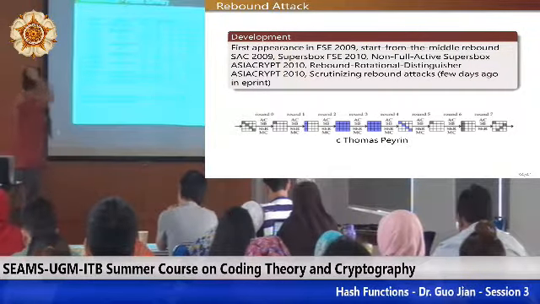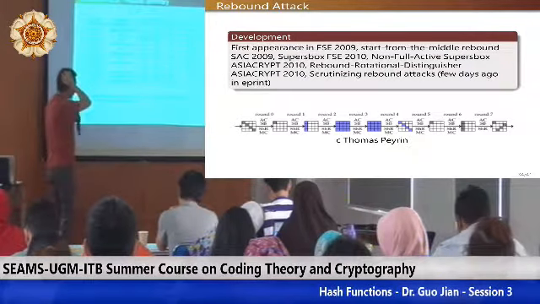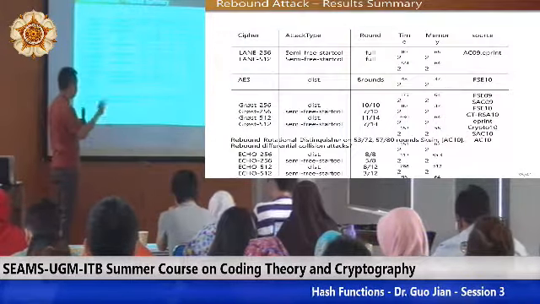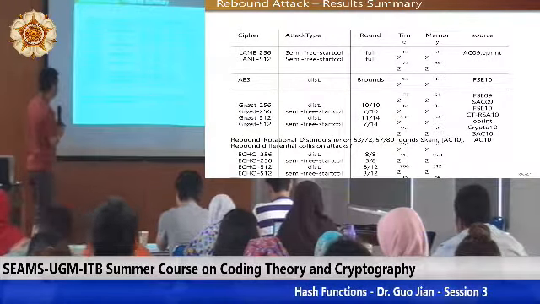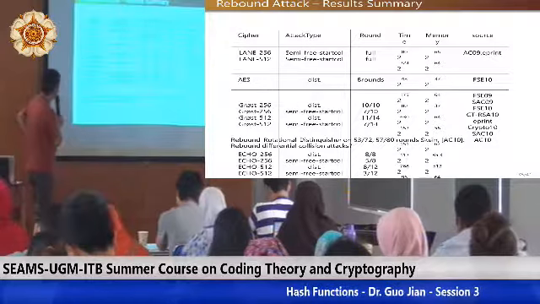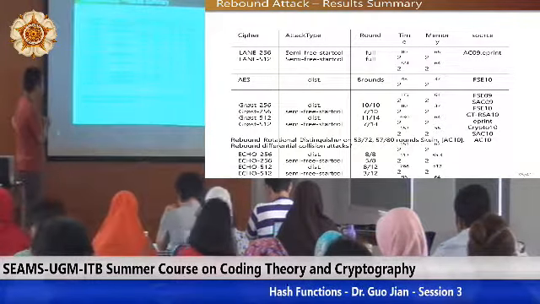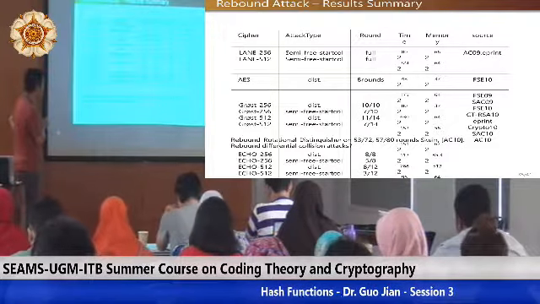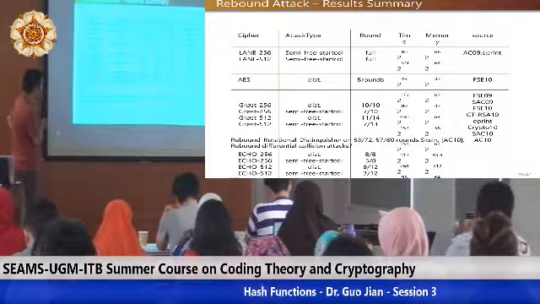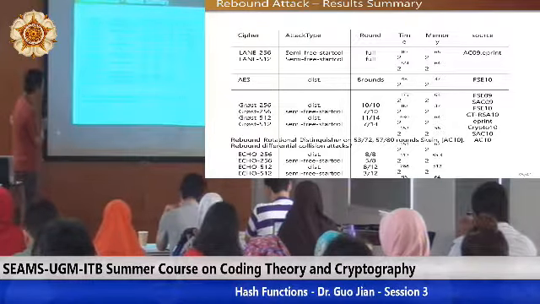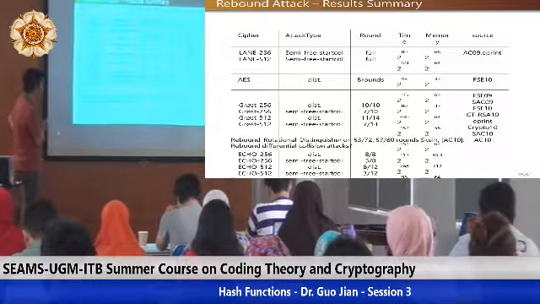And these are the general results found by rebound attack at that time, up to 2010, 2011. Okay. So there was a new design called LANE in the first round of the SHA-3 competition, fully broken by the rebound attack in time due to the AD. AES could be distinguished for up to 8 rounds out of 10.